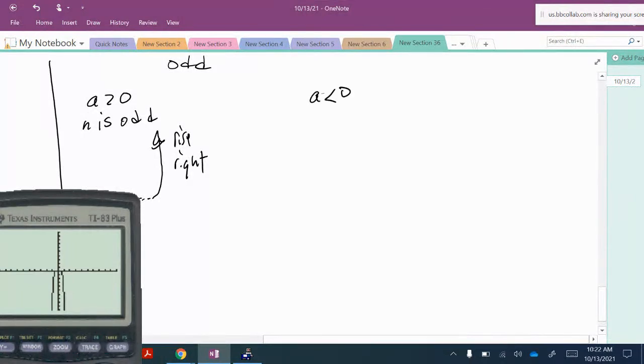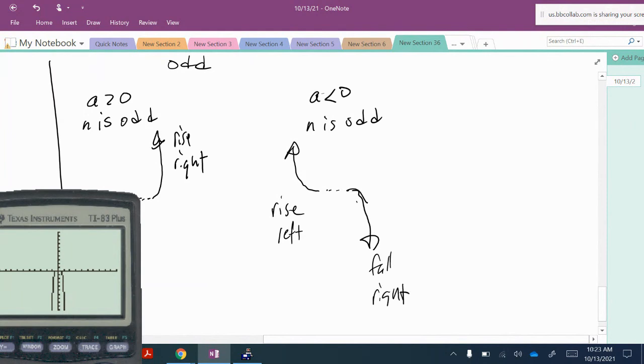If a is negative, so less than 0 means negative, and if n is odd, your graph will, okay, that looked a little bit better, it will rise to the left and fall to the right.